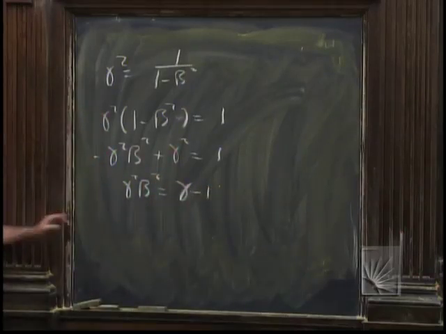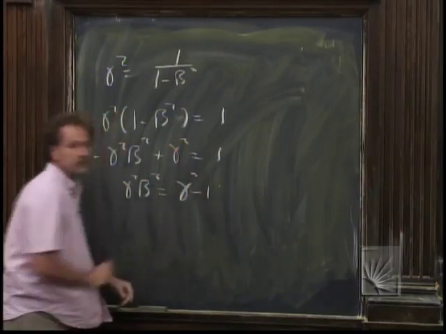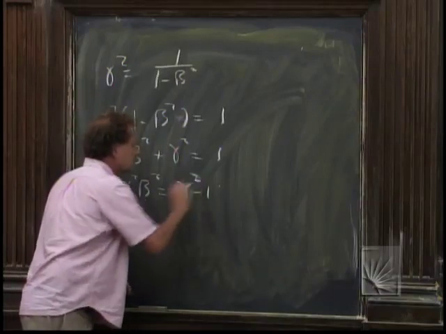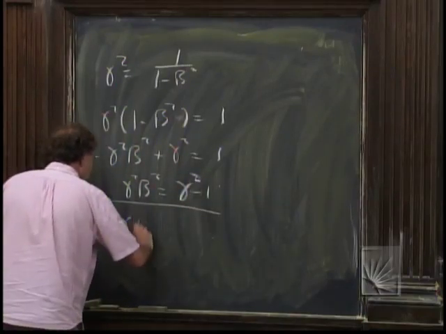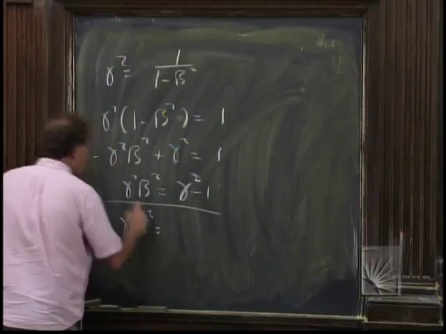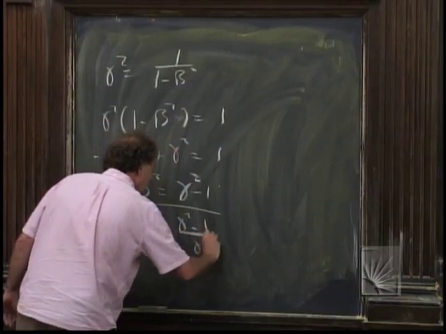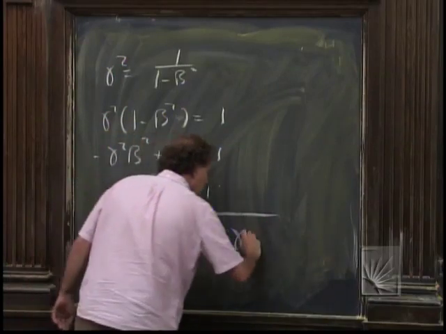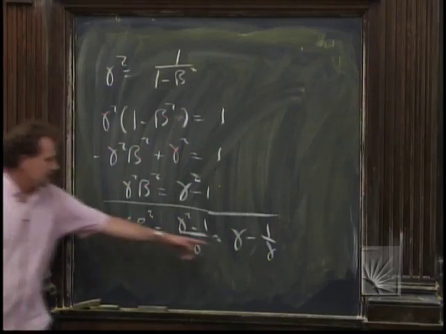That gets rid of beta in terms of gamma alone. Okay? Therefore, in this problem, we had gamma beta squared. Well, that's just this divided by gamma. So it's gamma squared minus 1 over gamma, which is gamma minus 1 over gamma. Lo and behold, gamma beta squared is gamma minus 1 over gamma.